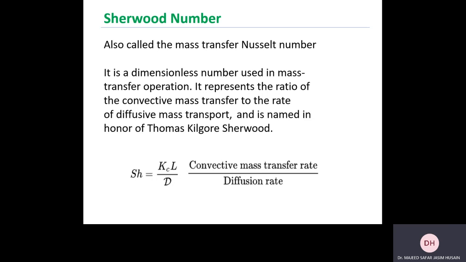So Sherwood is equal to Kc L divided by D, which is the convective mass transfer rate divided by the diffusion rate. The diffusivity or diffusion rate is capital D, and convective was the mass transfer coefficient, so Kc multiplied by L.